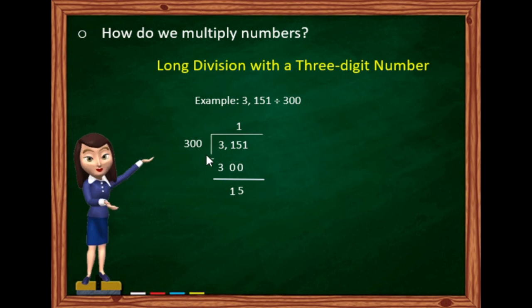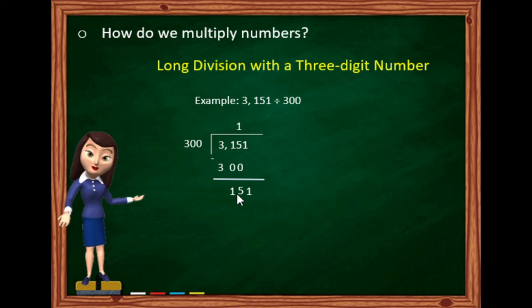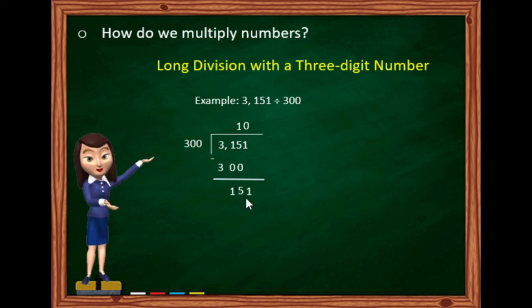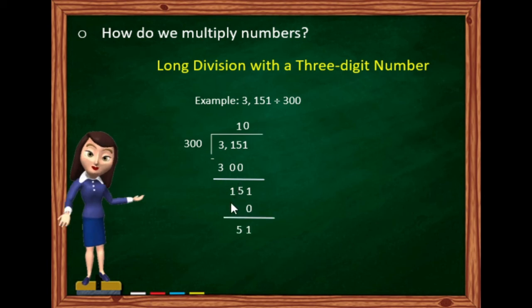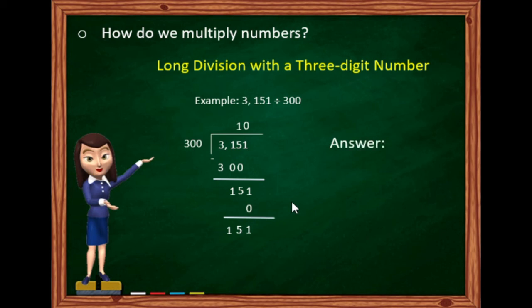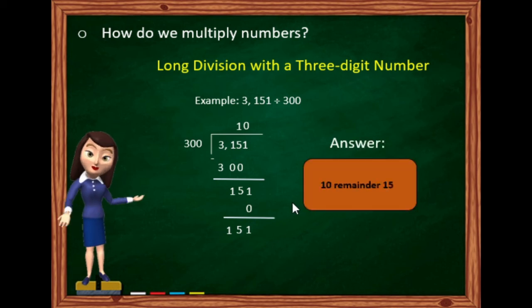Since it cannot be, we can bring down the remaining number, which is 1. So we have here 151 divided by 300. 0, 0, 151. So our final answer would be 10, remainder 151.